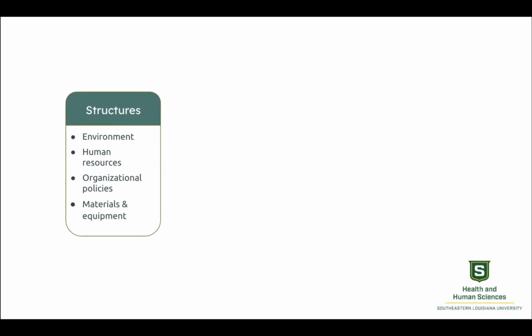With the structure, we are looking at the environment in which care is being delivered: the human resources, organizational policies, and the equipment or materials they have to carry out the healthcare services needed. Basically, it is about the safety of care. How are we able to safely provide care for the sake of the patients?